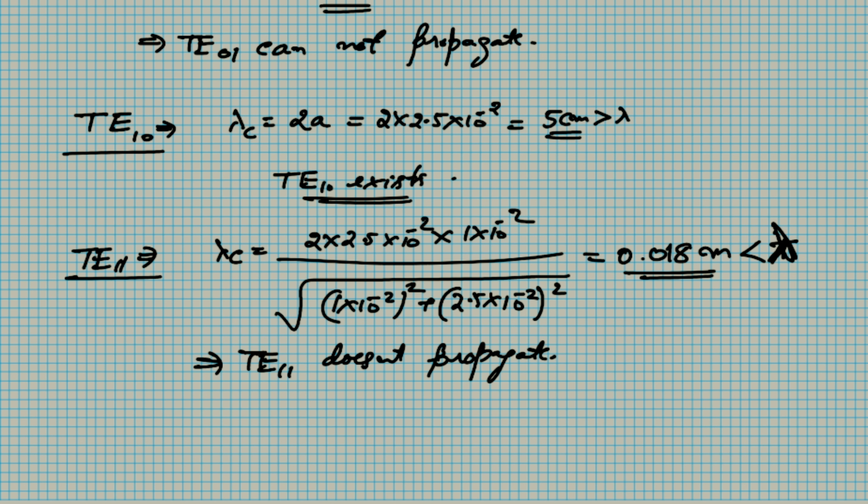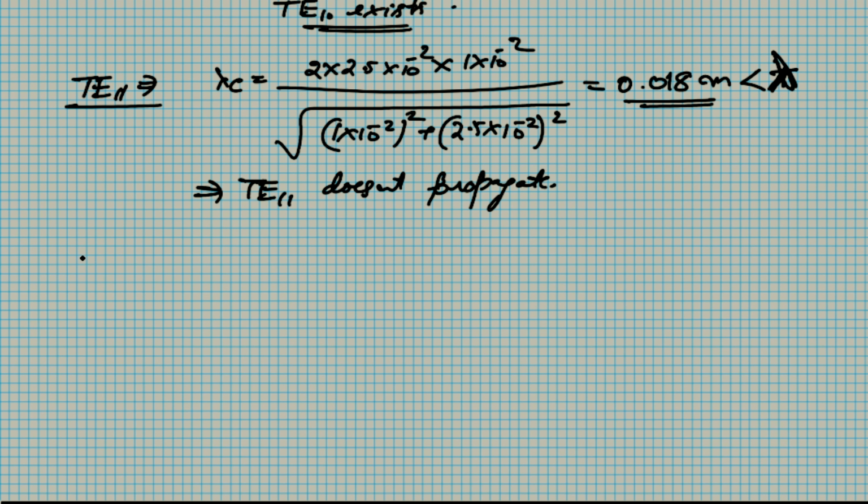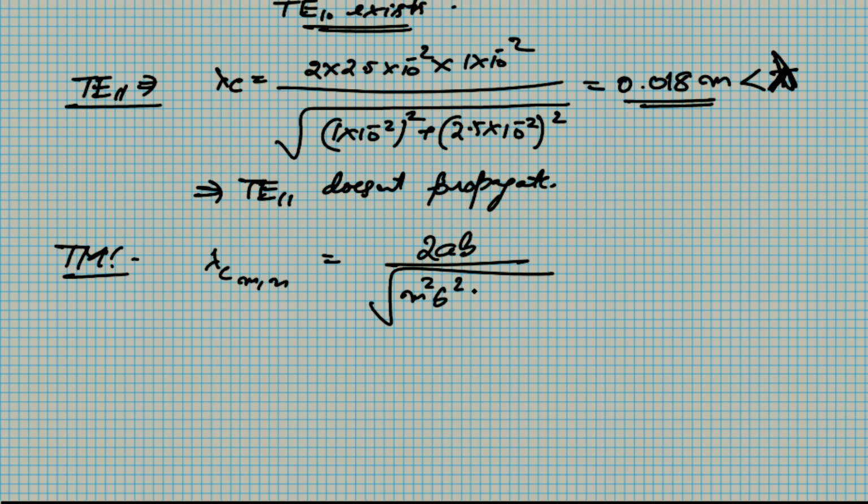So now, what's the equation for lambda c in case of the TM? Do you know the difference? What's the equation for lambda c of m comma n? There is no difference. Okay, so same thing. Just I'll write m square b square plus n square a square.